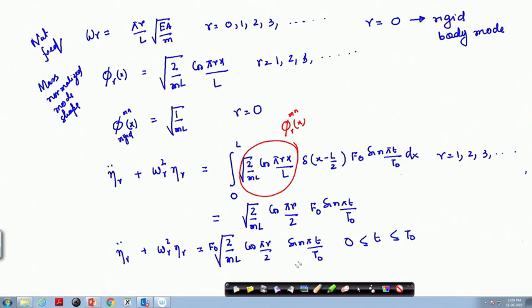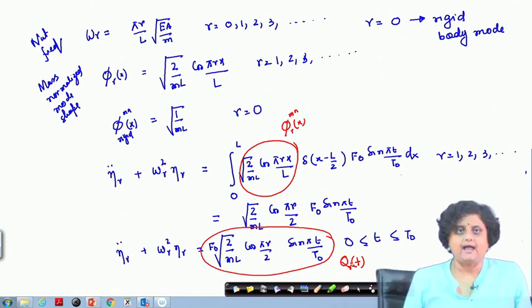Now, this whole expression is just a function of time, there is no space part in it. Therefore, this is like any other forced vibration equation that we have solved many a time earlier, and we are now going to solve this equation.